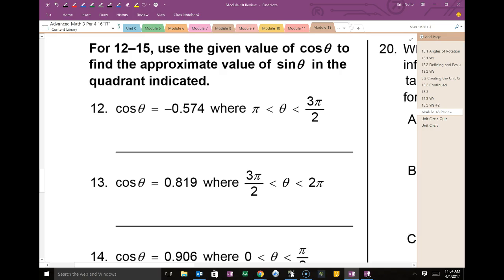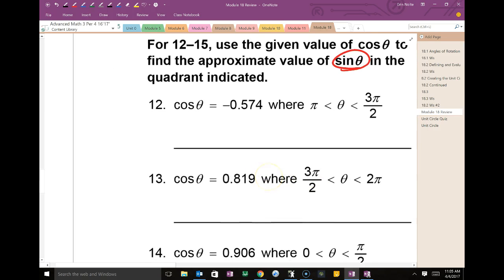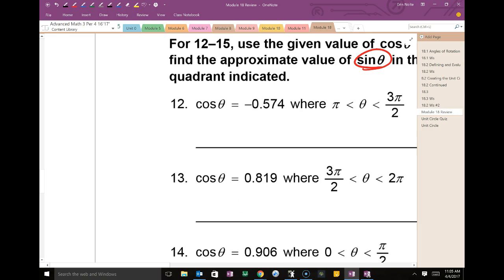All right, do I need to do question number 12, where you're asked to find the sine? If I am given a cosine when asked to find the sine, I'm going to use a Pythagorean identity.